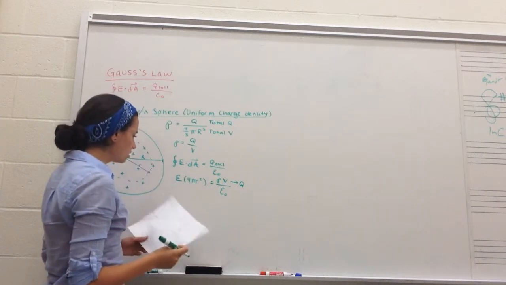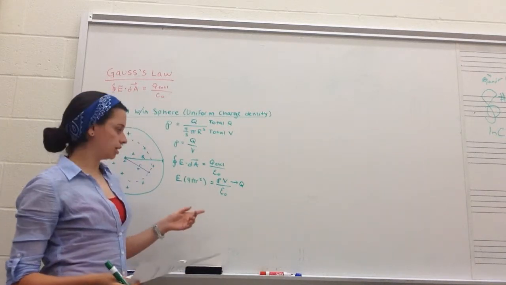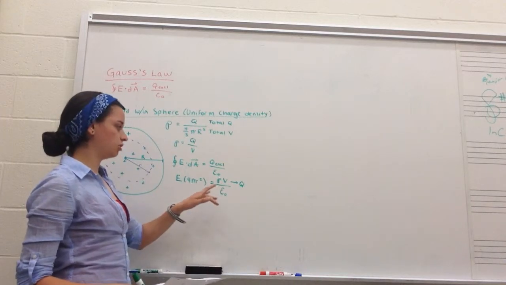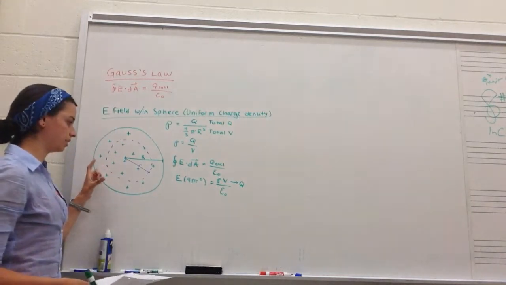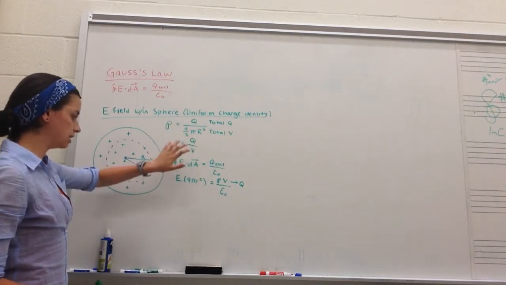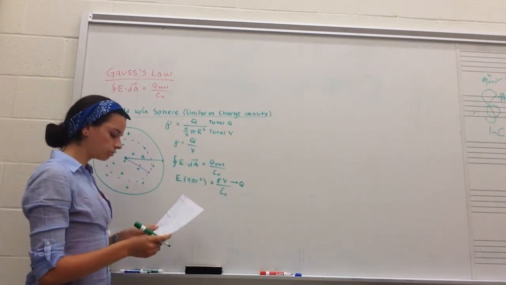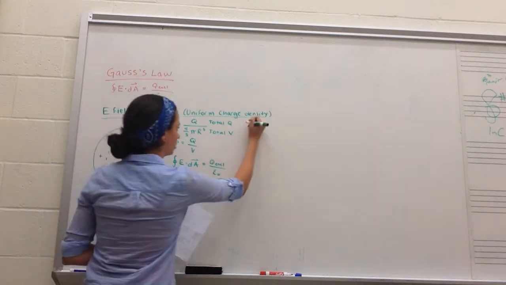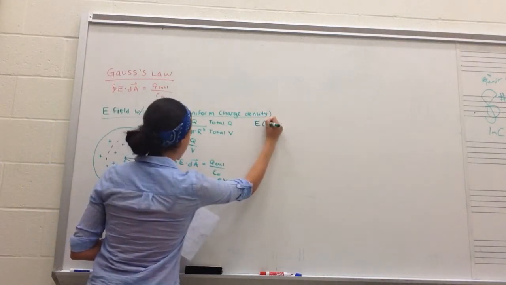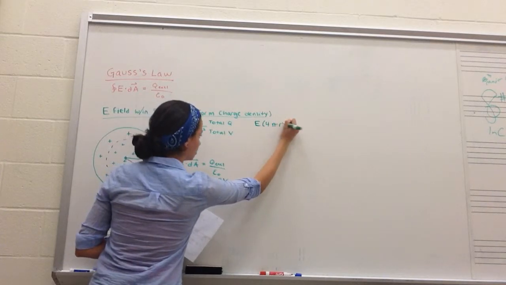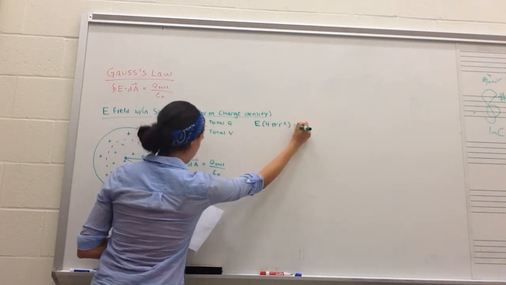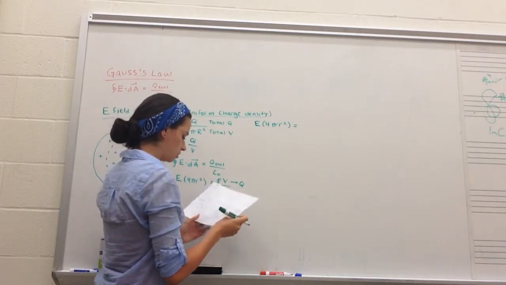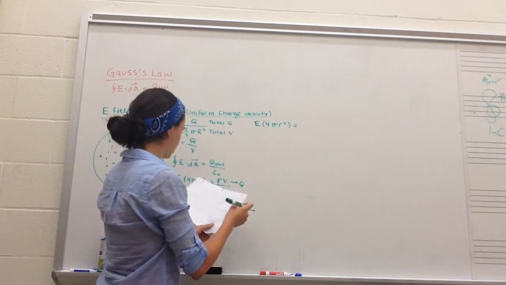Alright, now at the point charge this was easy because the total enclosed charge was all of it. But now we have to determine what charge we're enclosing, and that's why this density thing makes it a little bit easier. So we still have the electric field times 4 pi r squared equals, so let's see.